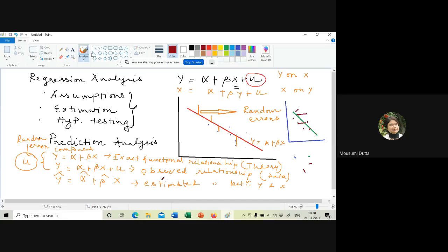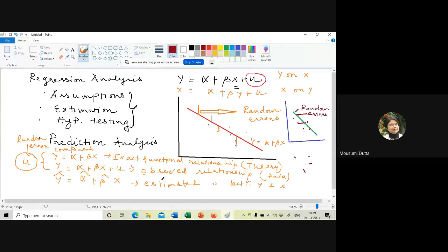Okay, so these are also the horizontal distances. These are also random errors. Okay, got it? So with this background, we are going to do the regression analysis. It is the extended framework of a theoretical model.